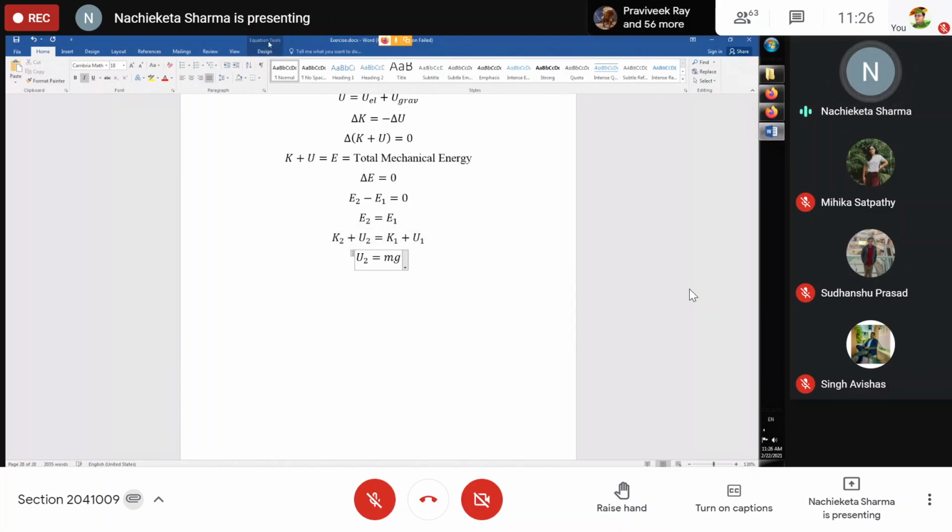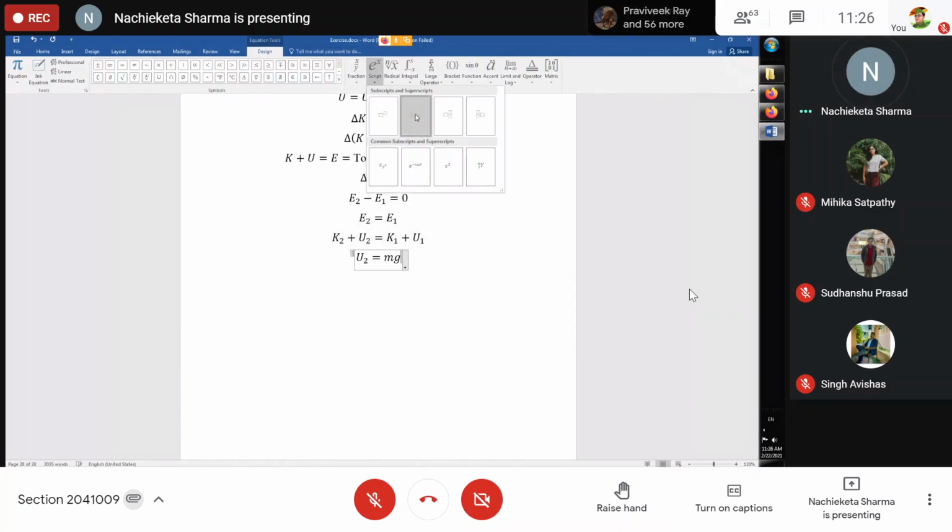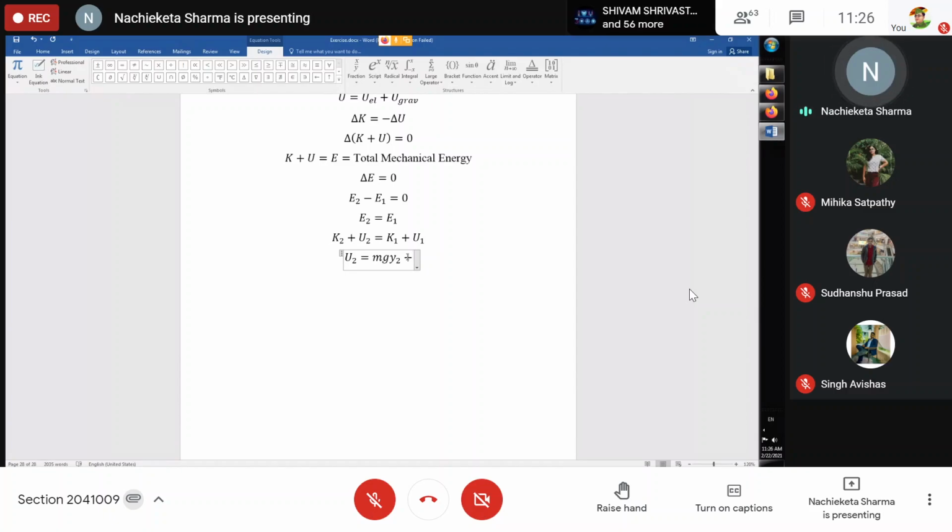mg y2, isn't it? mg y2, this is y plus my u1 is half kx1 square, isn't it? I can write it as half 1 by 2, k is the spring constant and x is the displacement from the mean position.